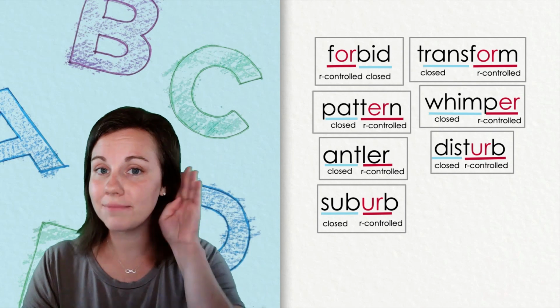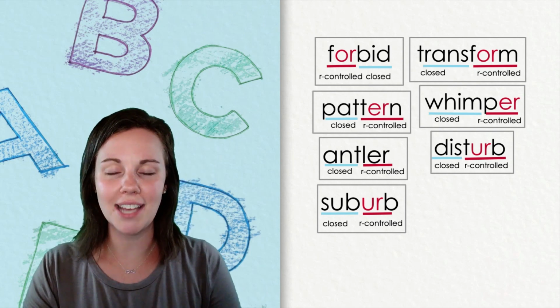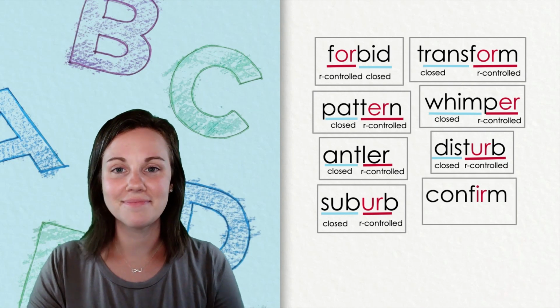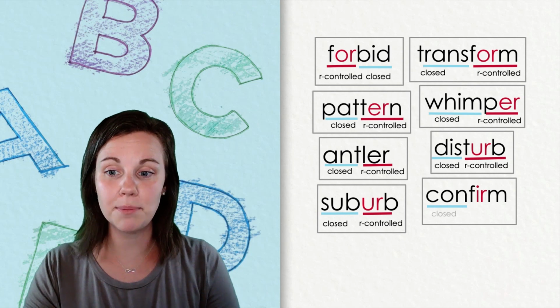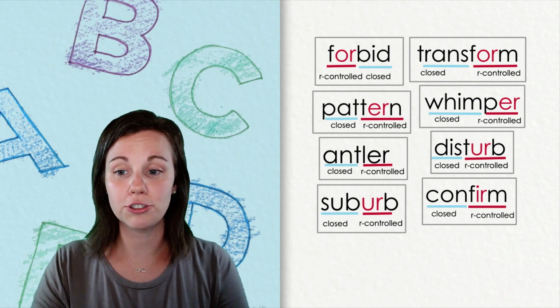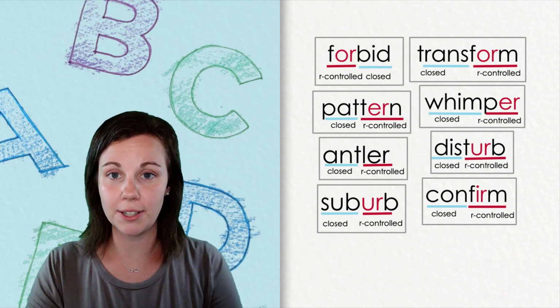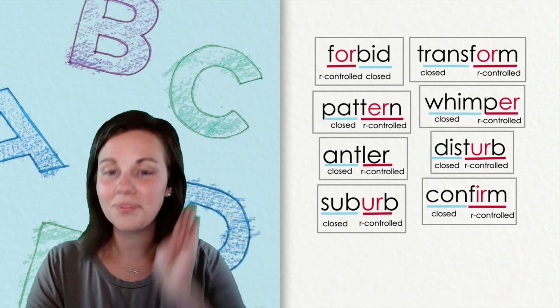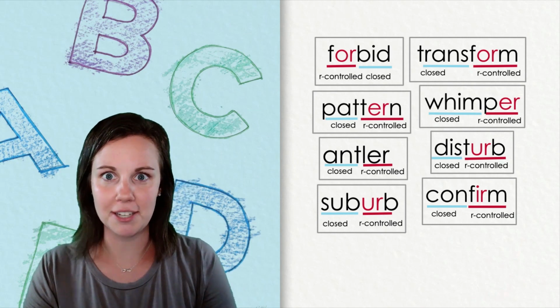What's the word? Suburb. Nice one. Try this one. A closed syllable first, and IR is making our R-controlled sound in the second syllable. What's the word? Confirm. You're a great reader.